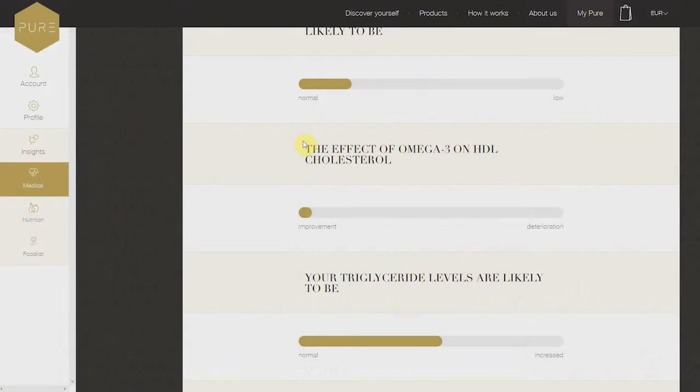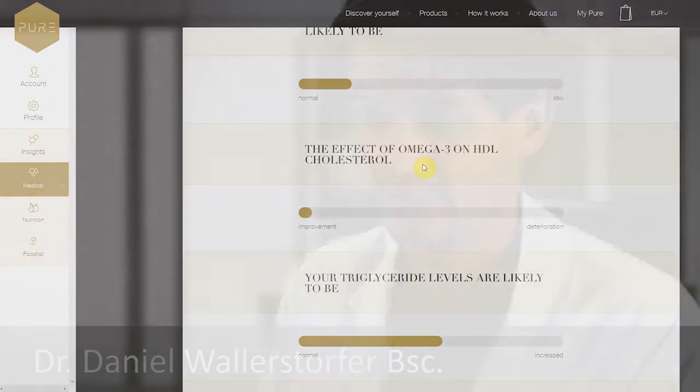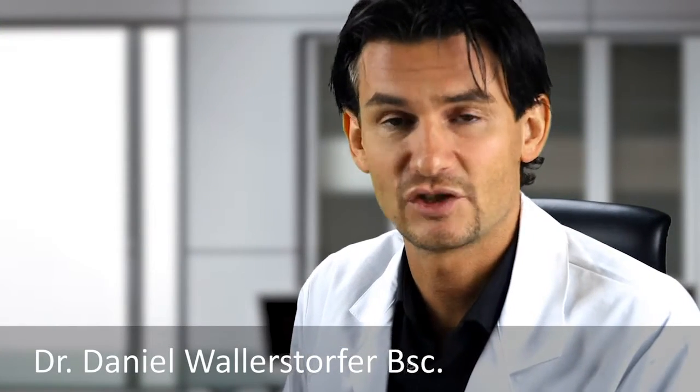Next, this is a very important and very interesting aspect, the effect of omega-3 fatty acids on HDL cholesterol. Now, omega-3 fatty acids are typically in fish oil capsules.